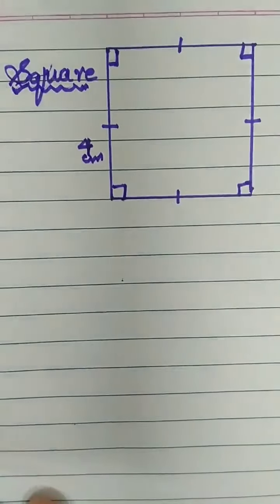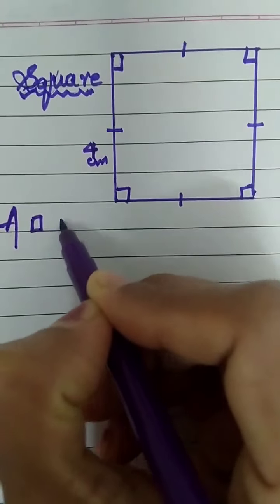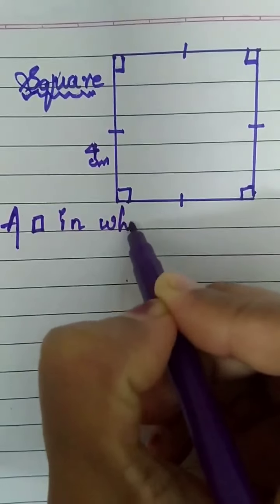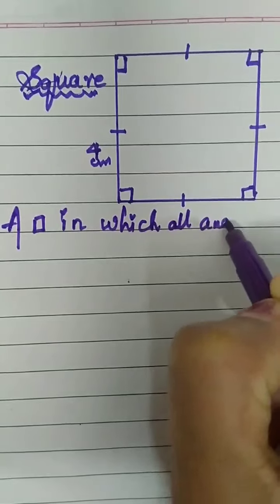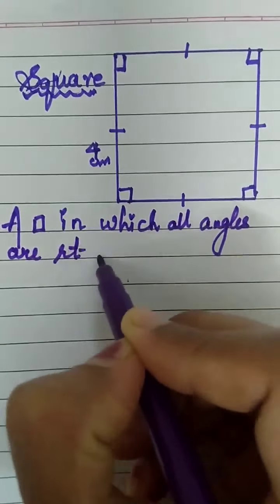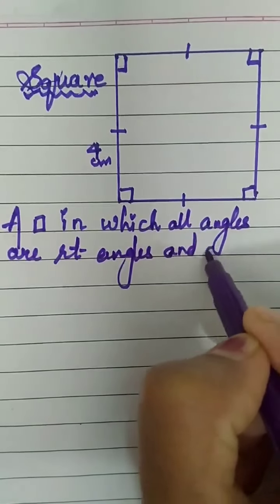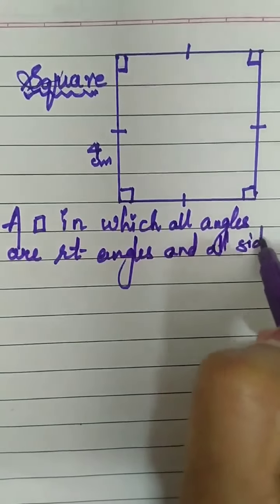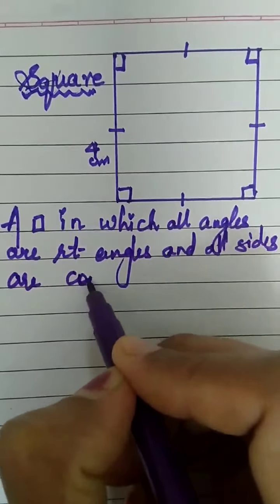So how will you define a square? A quadrilateral in which all angles are right angles, all sides are of equal length or congruent.